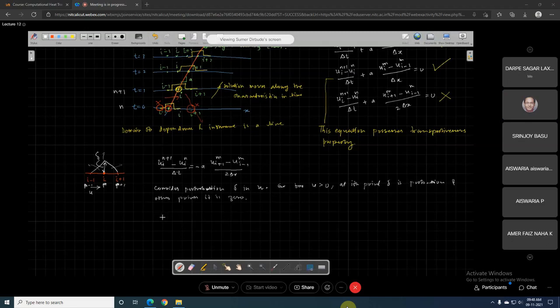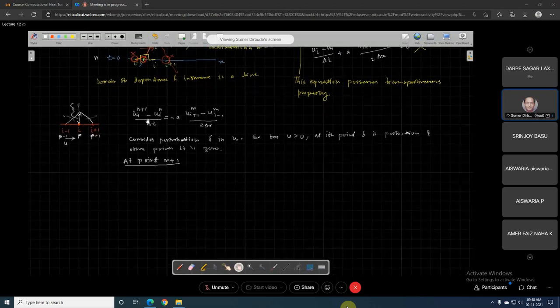Now at point m plus 1, if you write this equation at i, now i becomes p plus 1, sorry, at point p plus 1.